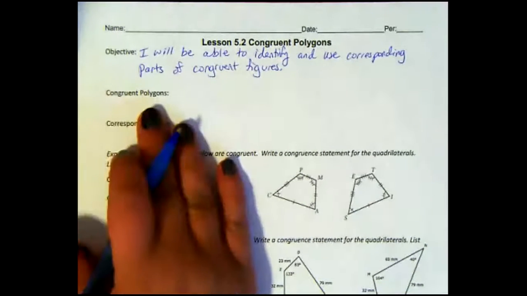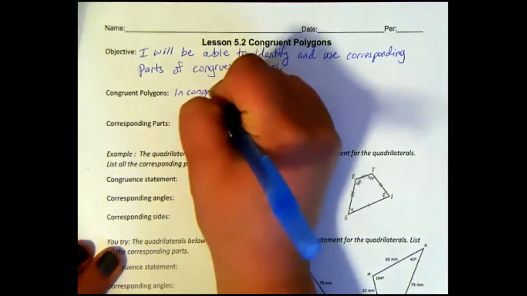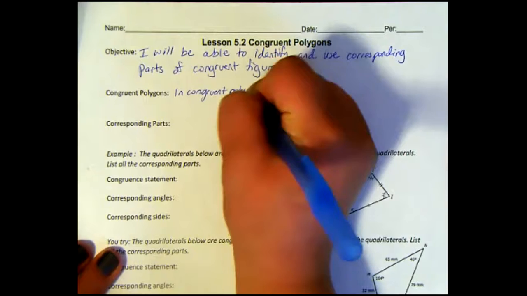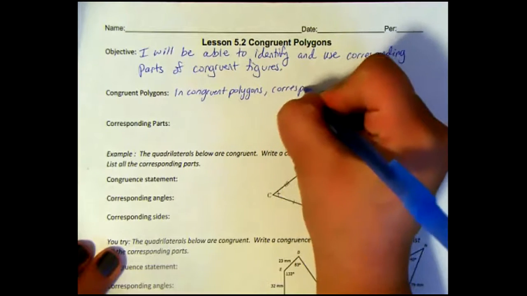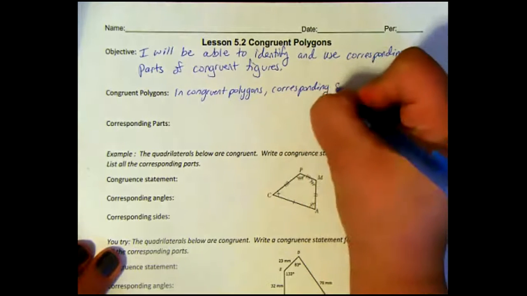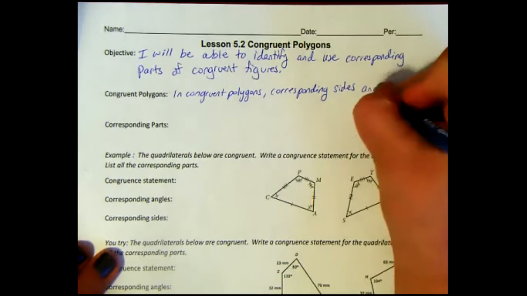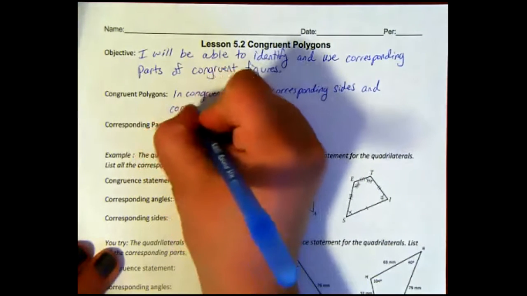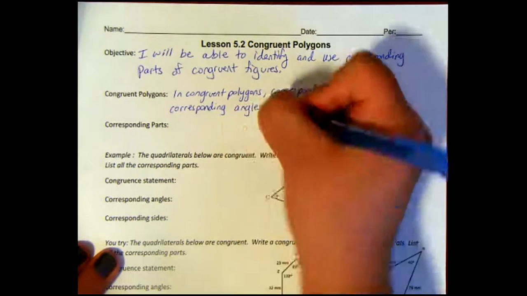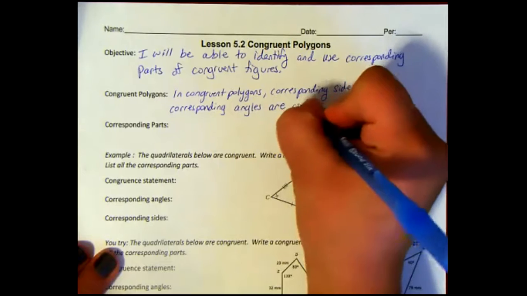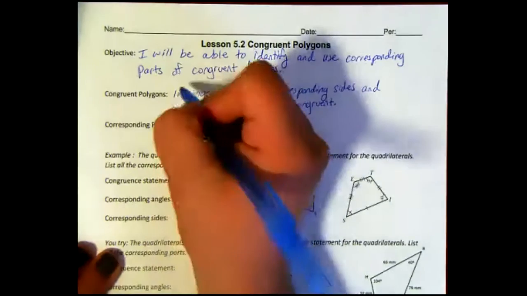So, congruent polygons. What are congruent polygons? In congruent polygons, corresponding sides and corresponding angles are congruent. I'm going to try writing a little slow so I can make sure I'm writing clearly. So what does that mean?